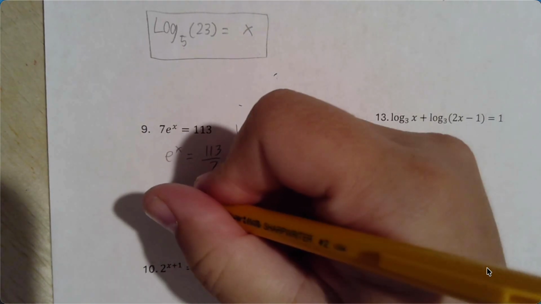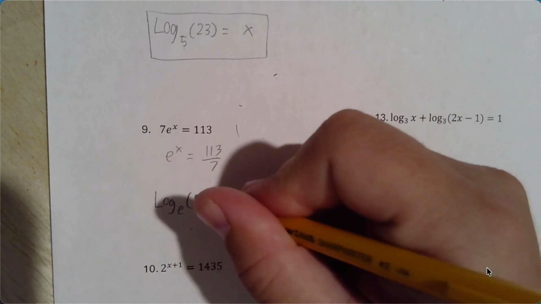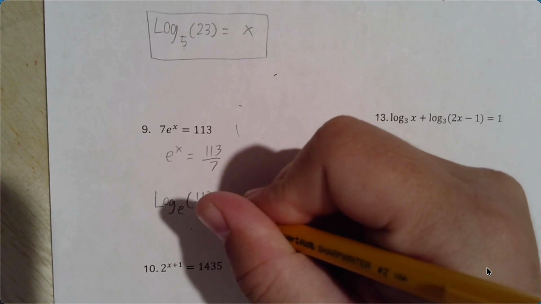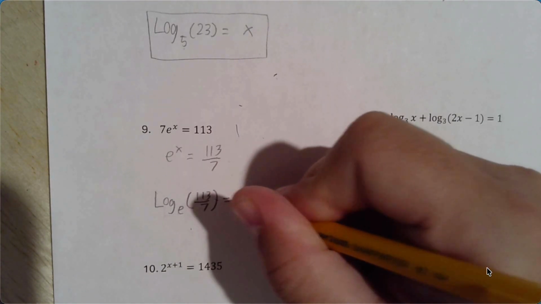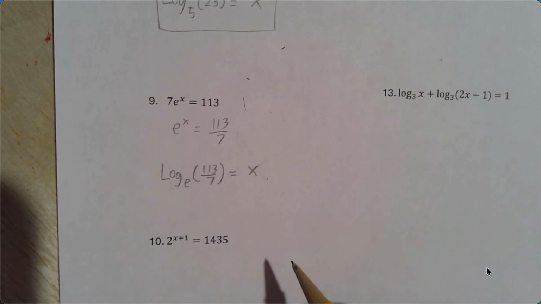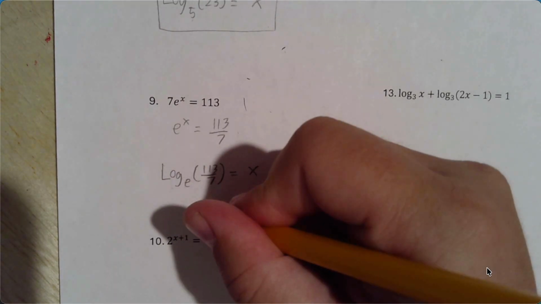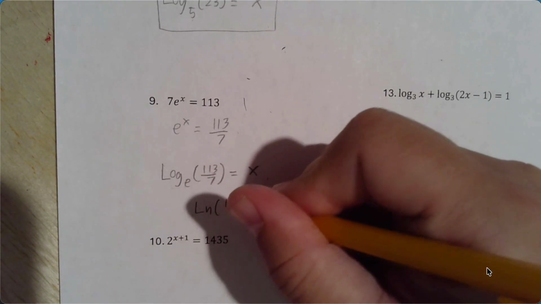Let's write it like normal, and then we'll say why the ln pops up. There's a log with a base of e. I want 113 over 7, and I need to get the exponent that gives me that answer. Now, here's where the ln comes from: what I told you is, if you ever have e as a base, you actually just come up with a new way of writing it.